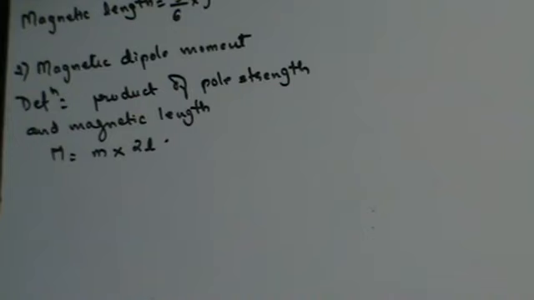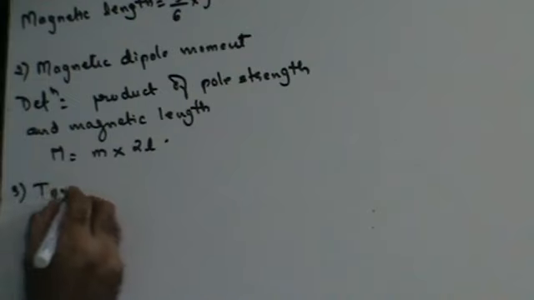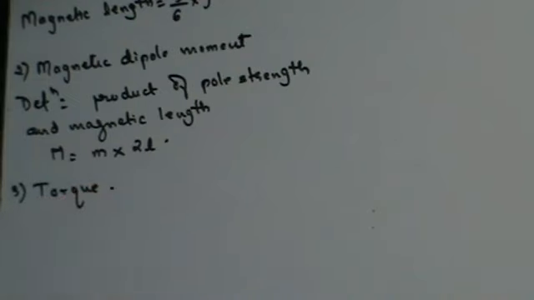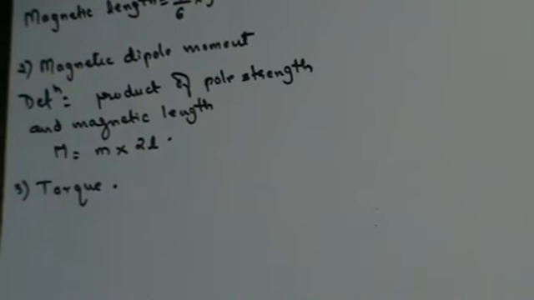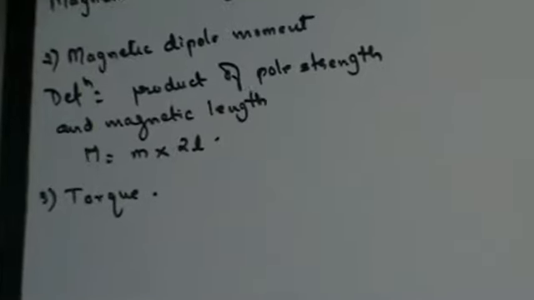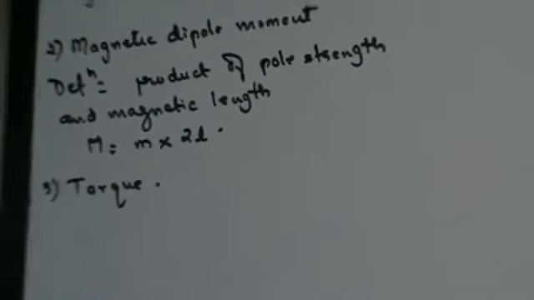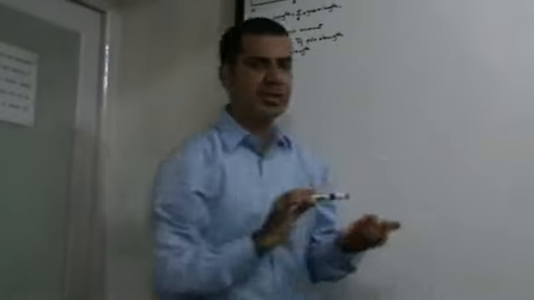Once you have done this, now let's try to find out what is torque. Very important concept. A lot of students, even once they go in 12th, don't understand what is torque. If I apply force on a body, the body will move in a straight line.